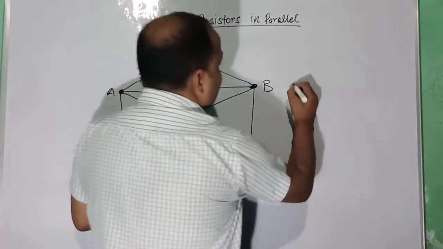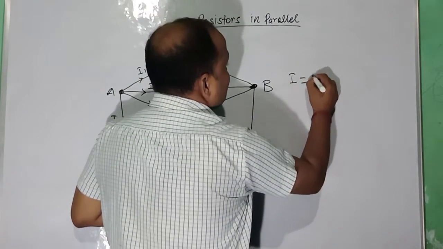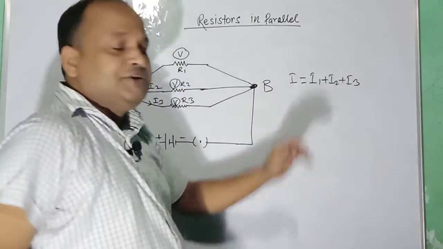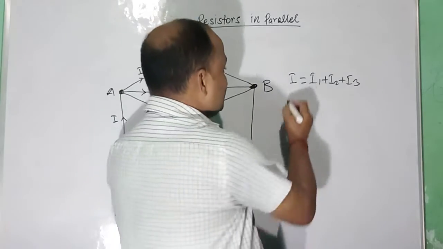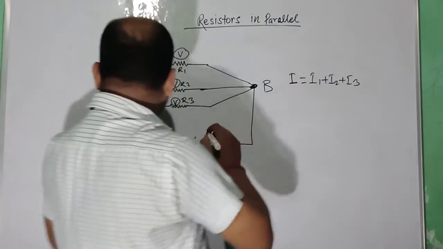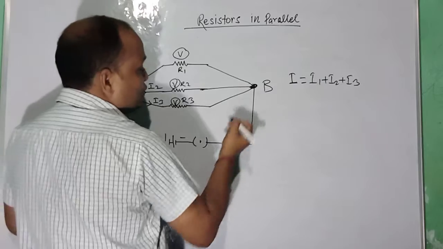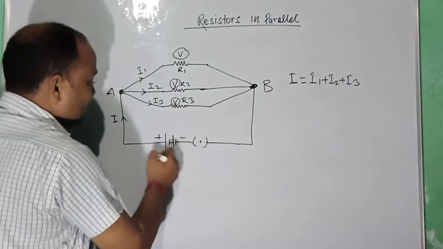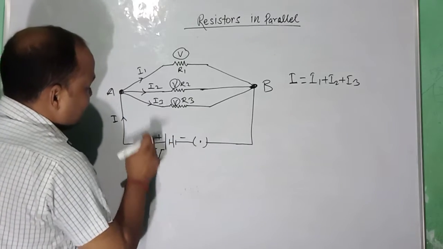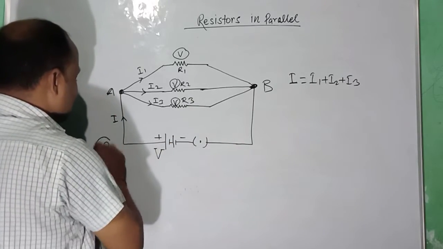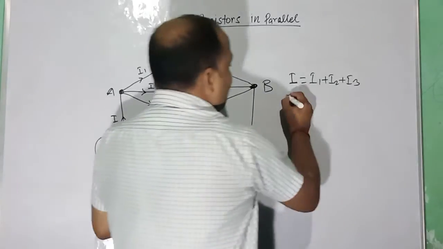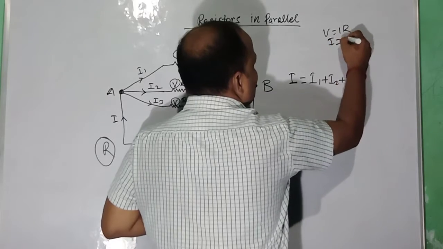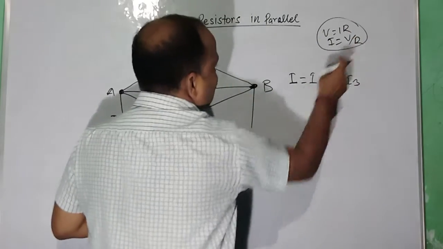Now it is found that I is equal to I1 plus I2 plus I3. Again use Ohm's law. This is the total current of the circuit. So for that you have to take the total resistance of the circuit and the total voltage. The total voltage supplied by the battery is V and the total resistance of the circuit is R. So you have studied V is equal to IR, I is equal to V by R. You have to use this relation here.